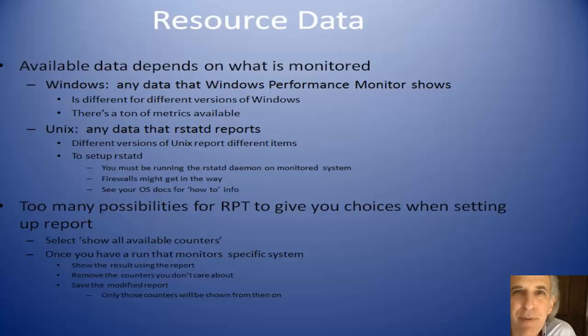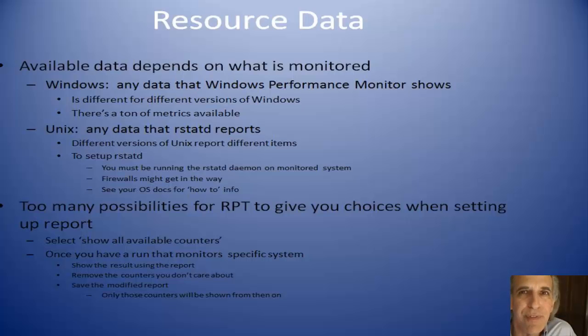And then you save the modified report, and at that point that report will have only the items that you care about. Typically I want to show CPU information, and on Windows it shows you CPU utilization, but on Unix there are different ways that you can calculate CPU utilization.